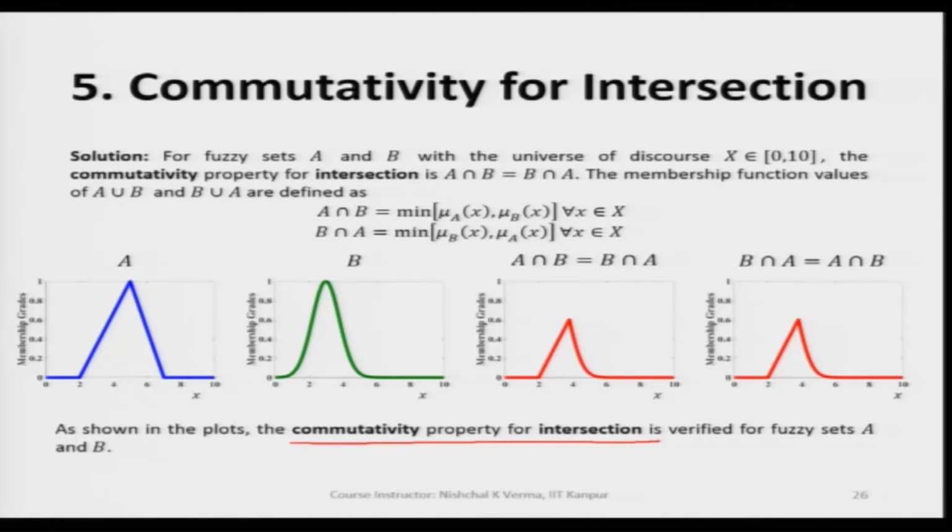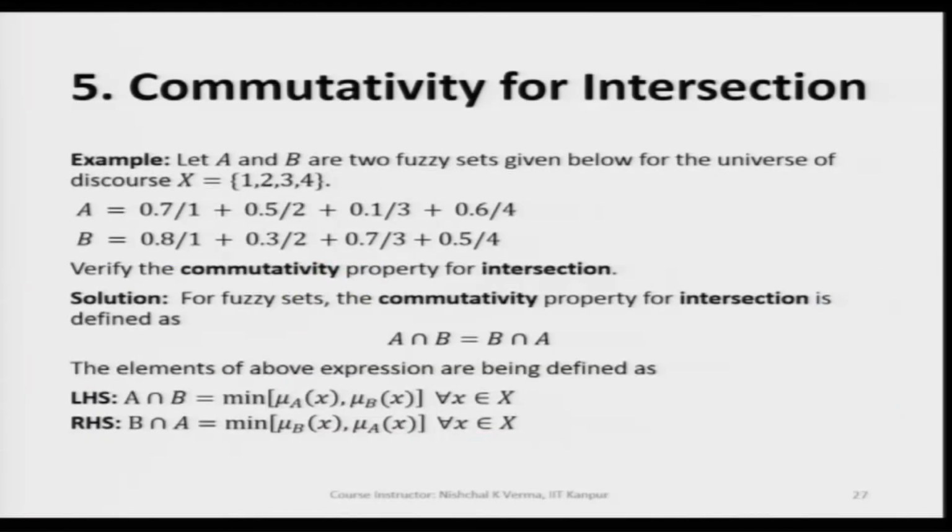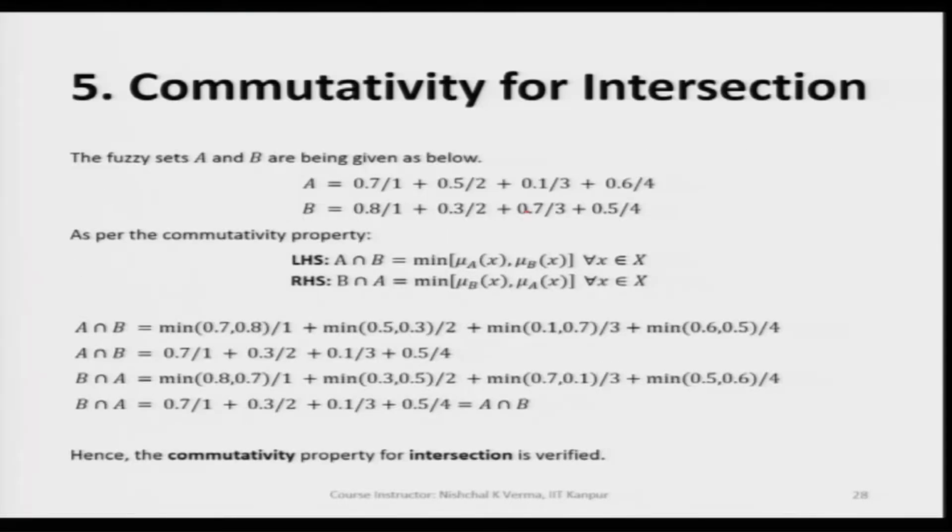Now, again if we take the discrete fuzzy sets A and B, here also we see that if we take A intersection B for discrete fuzzy set A and discrete fuzzy set B, we have A intersection B as the outcome.